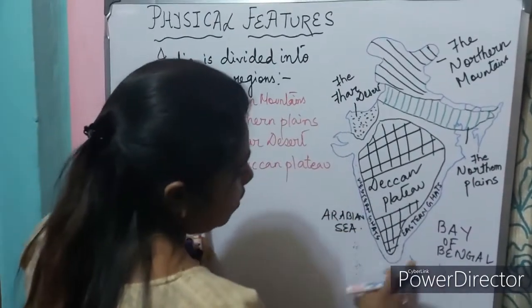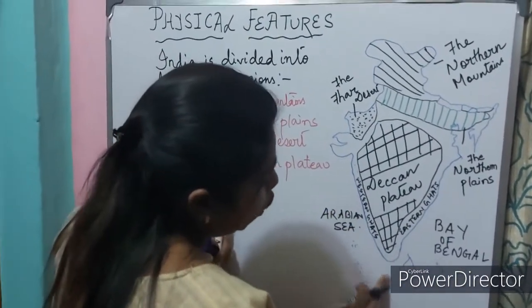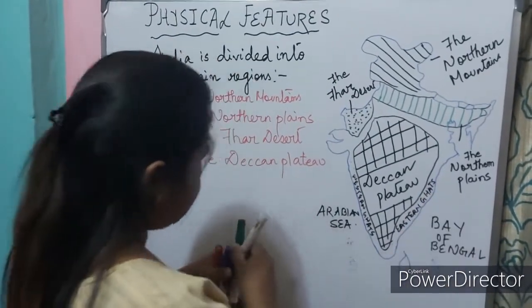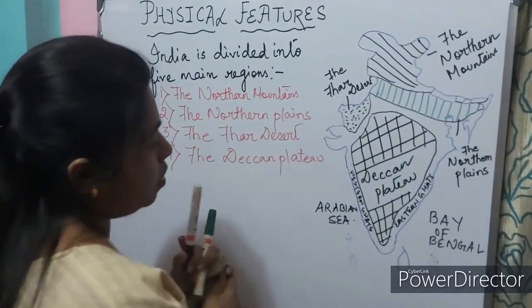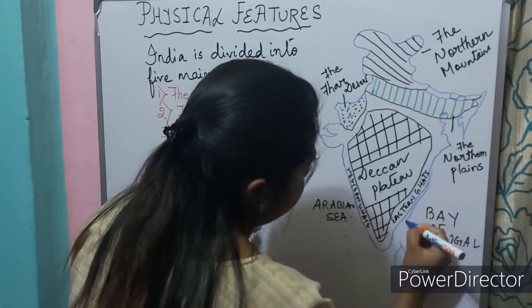You can see this is my Bay of Bengal and here is the Arabian Sea. So these are my coastal areas, the coastal plains.